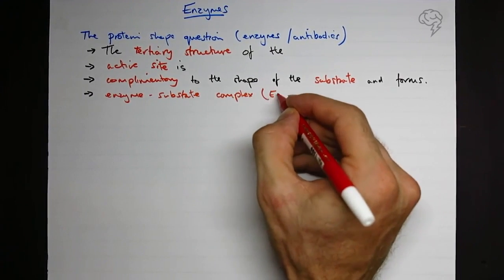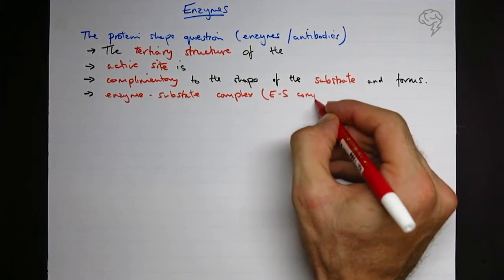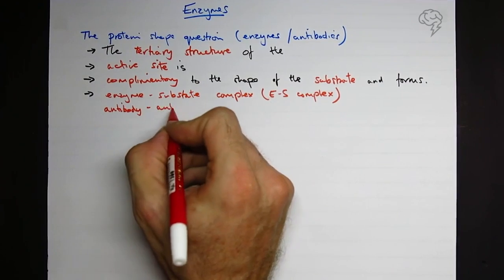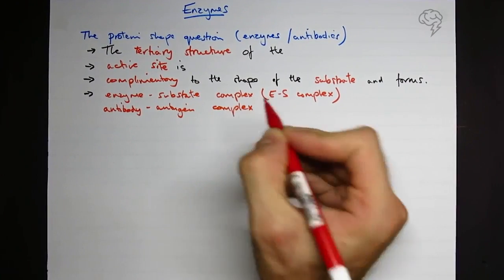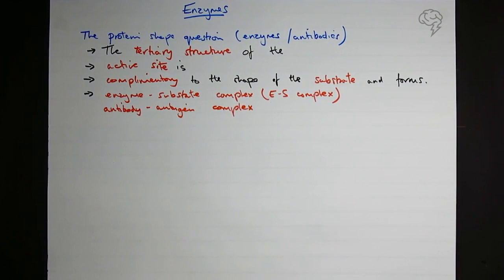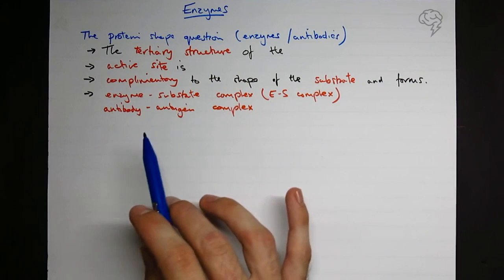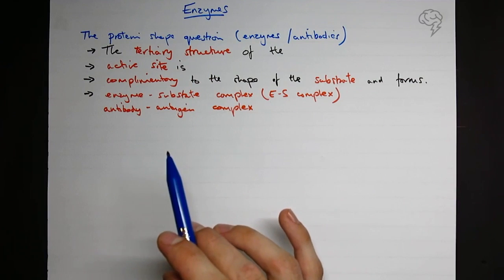Quite commonly, this is written as an ES complex. This could also be an antibody-antigen complex, depending on the type of molecule. Obviously this forms an enzyme substrate complex, so it's working, it is functional.